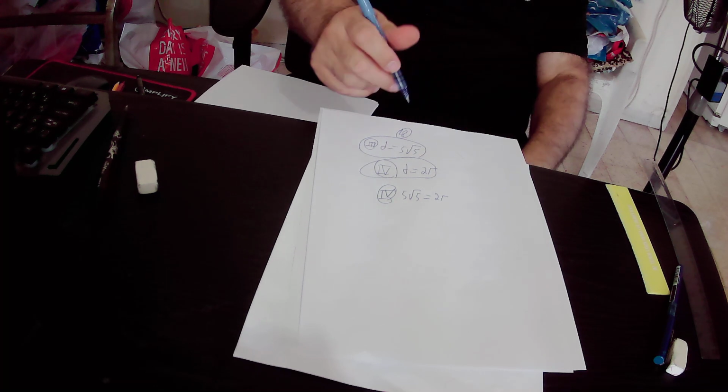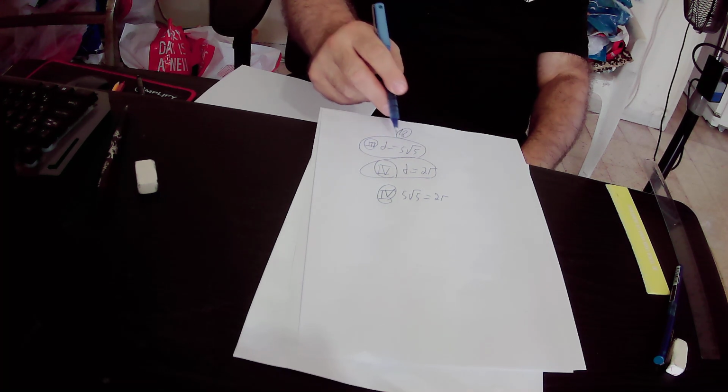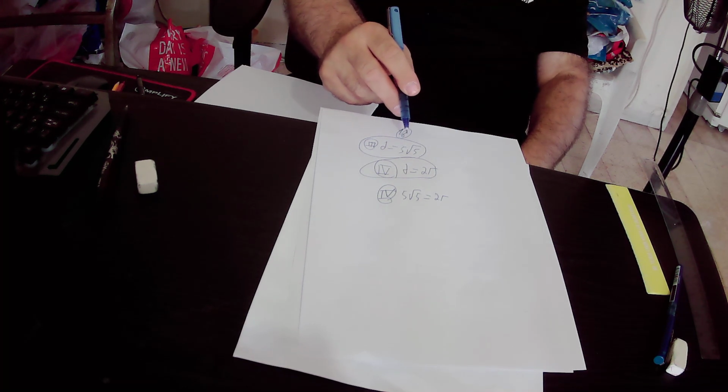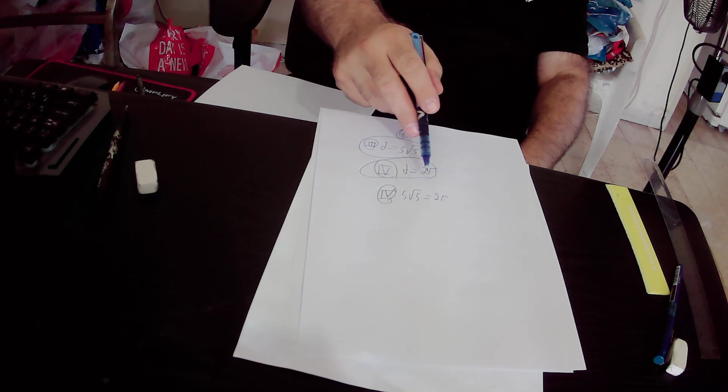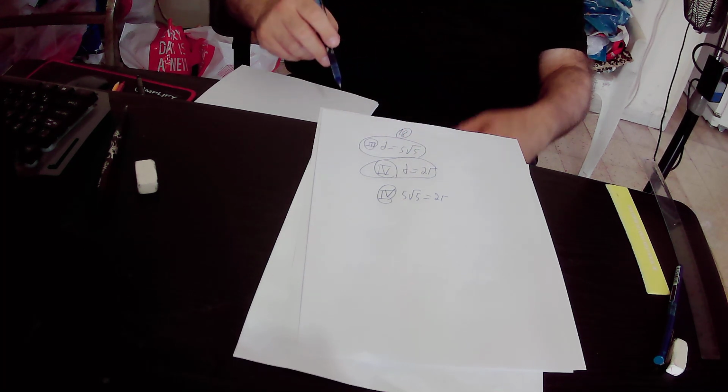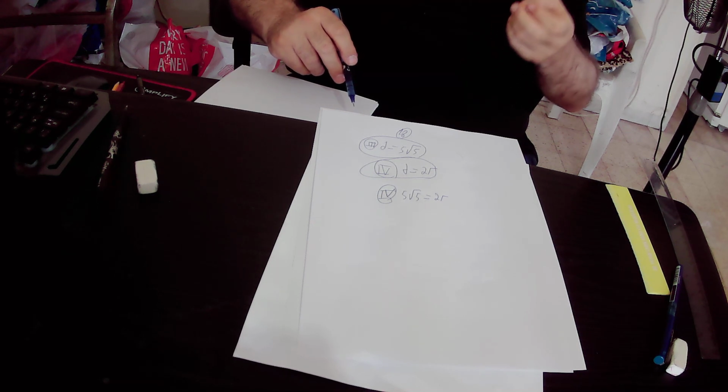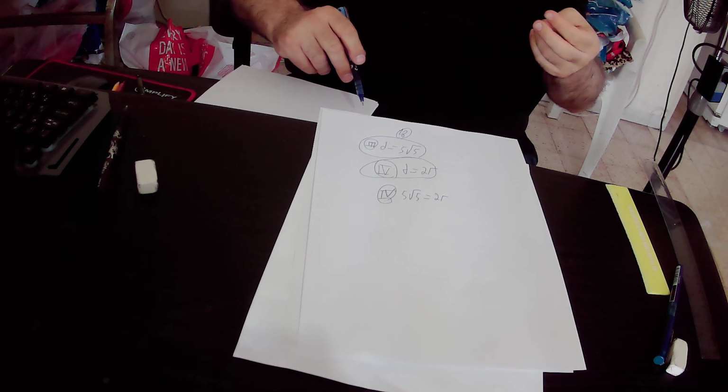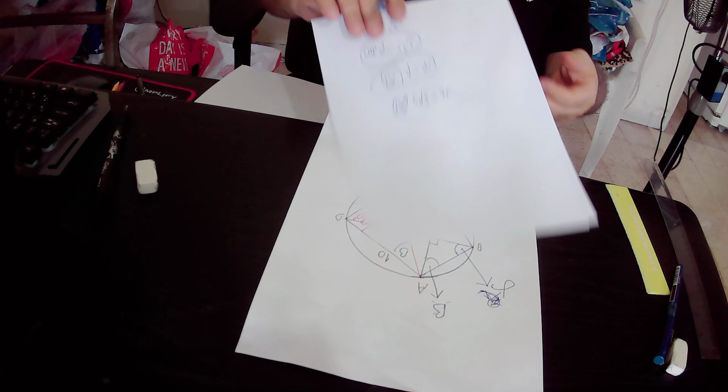We substituted d by 5 times root 5, and we got that 5 times root 5 equals 2 times the radius. Now we can divide equation number 4 by 2, and we'll get the radius of this circle.